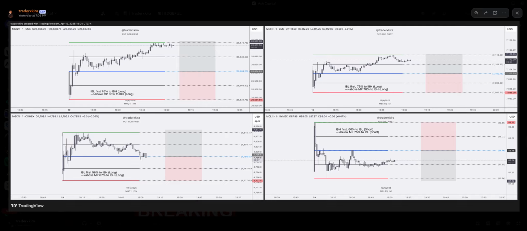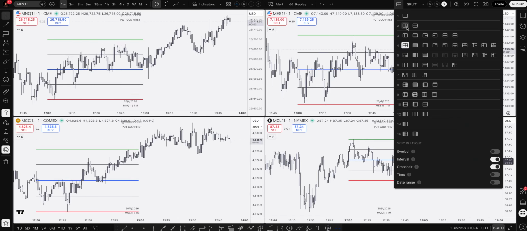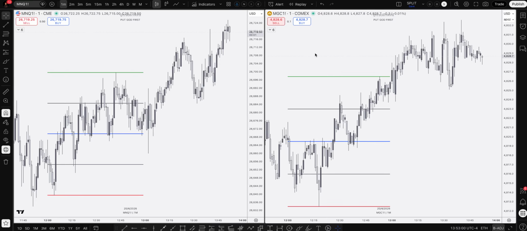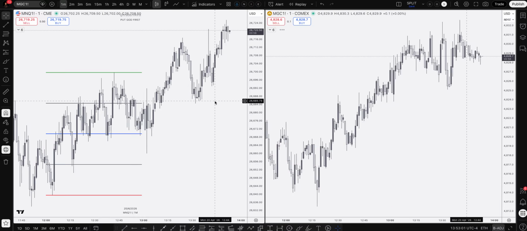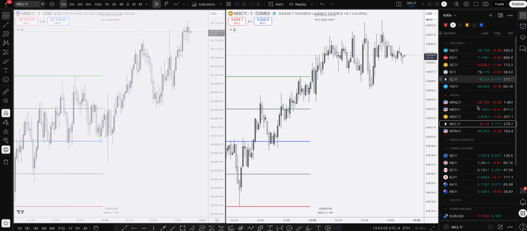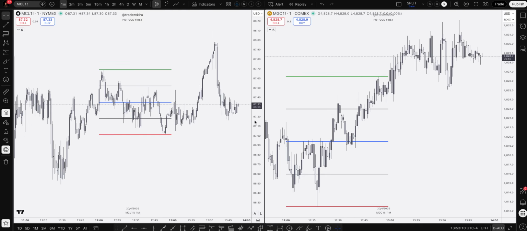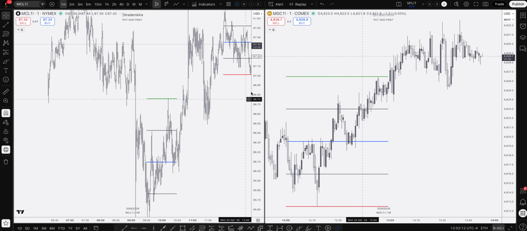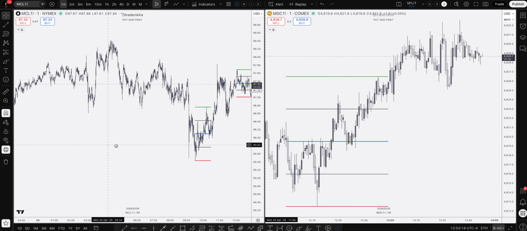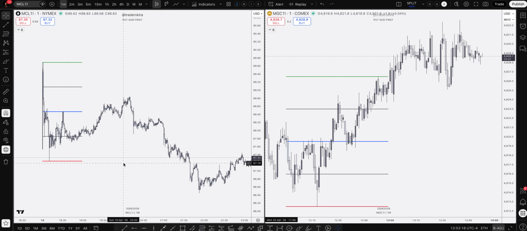Okay, so if I go back to the chart, let's just split this in half for a sec. IB. I'll turn this one to MCL. And let's just go back to... okay, so here's yesterday's range, right?